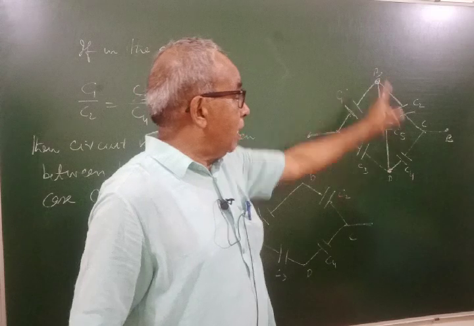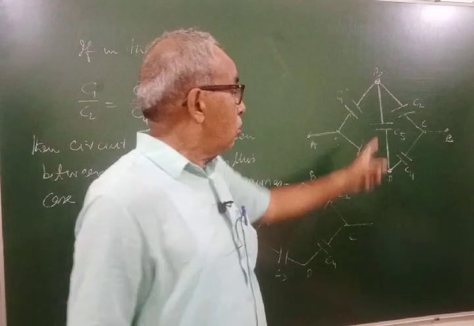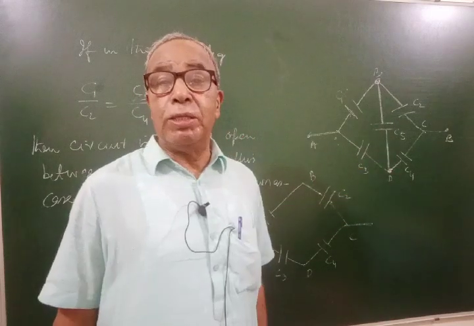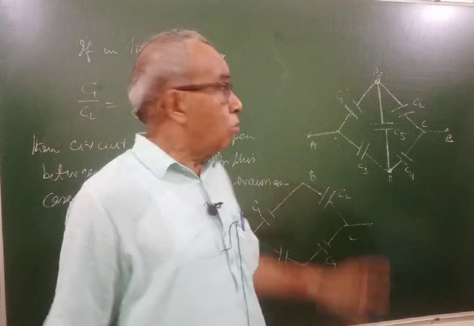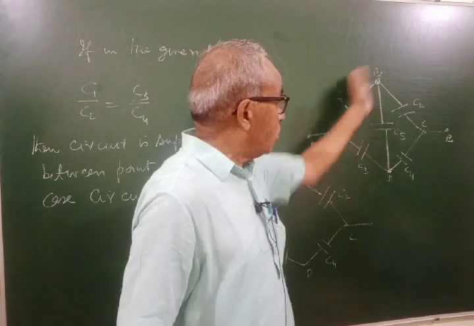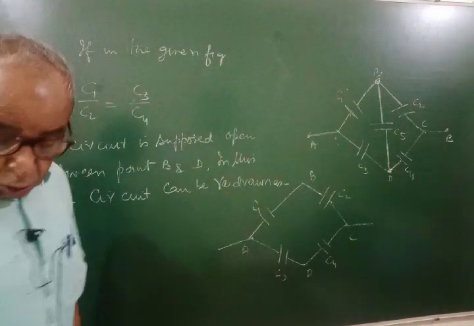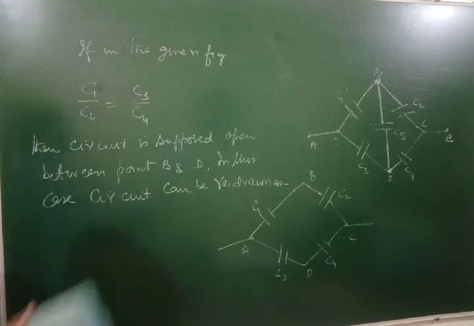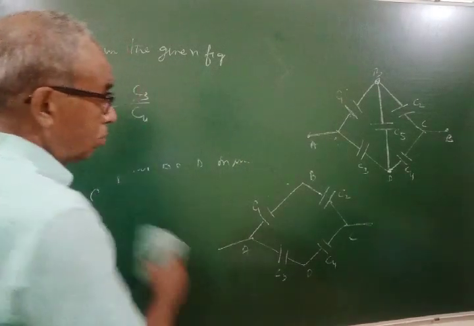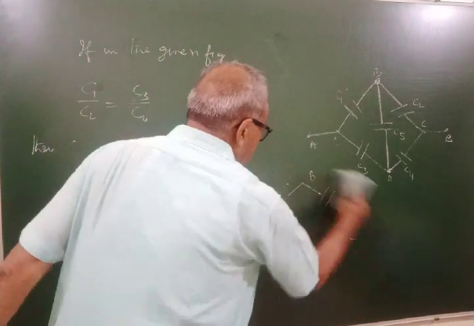In such a case, B and D will be at the same potential, so the C5 capacitor will not be charged, and no charge flows either this way or this way. The circuit is supposed to be open, and hence we can solve for the equivalent like this.